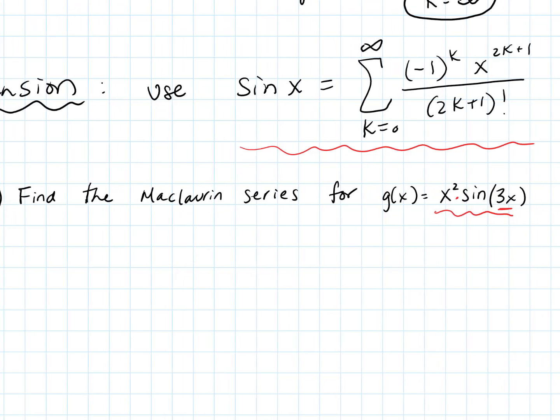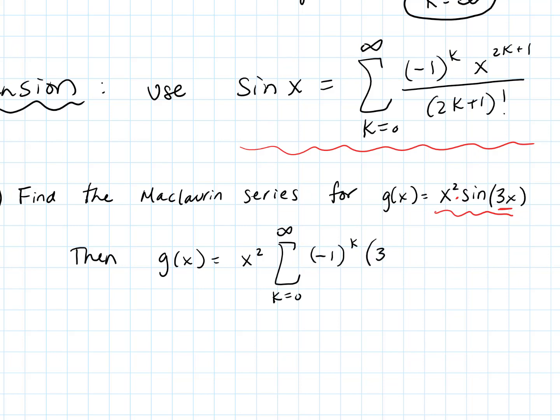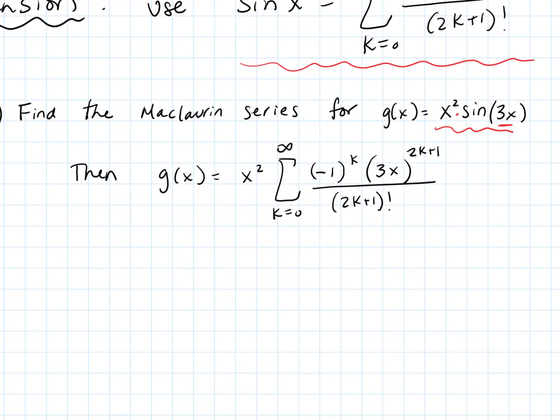So we could just say, well, then it must be the case that g of x would be equal to x squared times the power series from k equals 0 to infinity of (-1)^k, substitute the 3x in there, (3x)^(2k+1) over (2k+1) factorial, and continue to simplify that out.